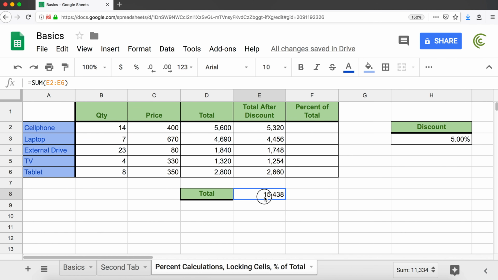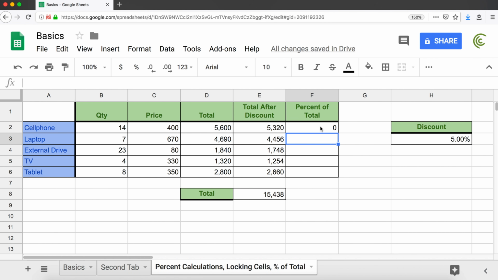So compared to this total, which is 15,438, what percentage is 5,320? So to do that, you have to take that number, which is E2 in this case, and you have to divide it by the total. So that's E8. I hit enter, and see, I'm getting a 0.